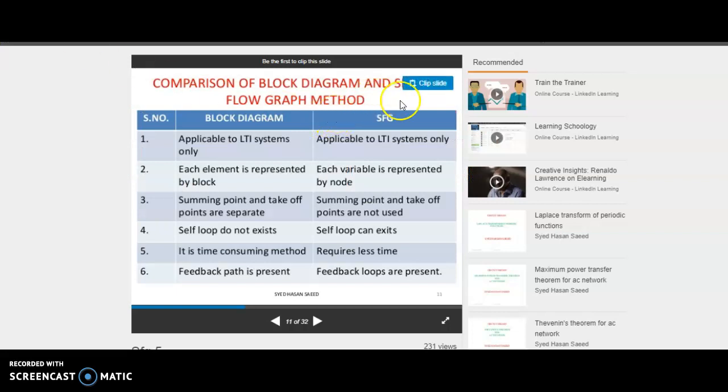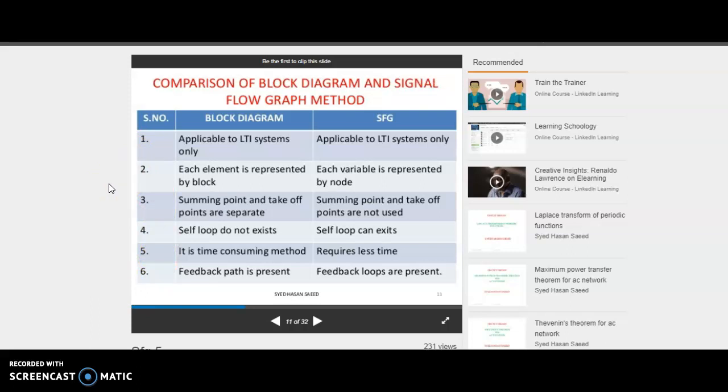This slide shows the comparison between block diagram and signal flow. There are 6 points you can find.